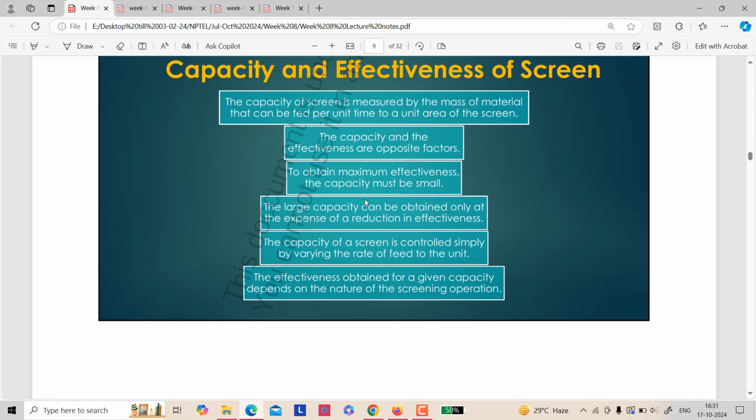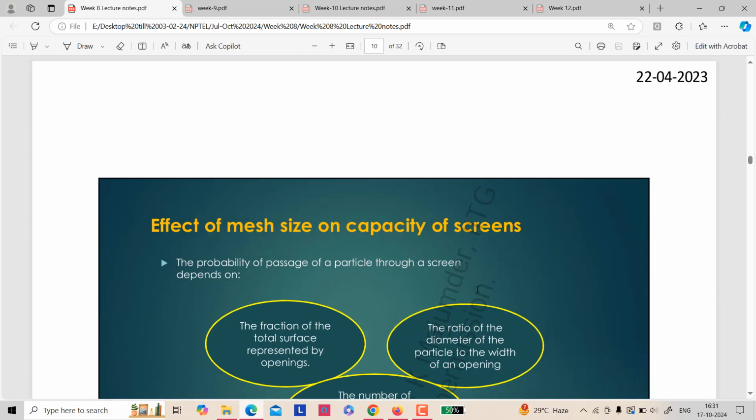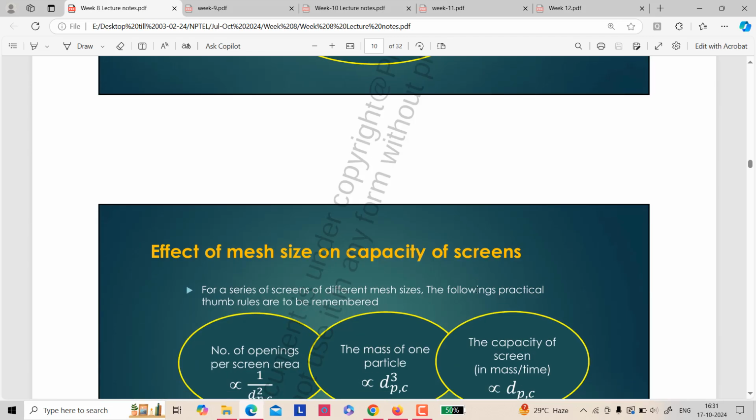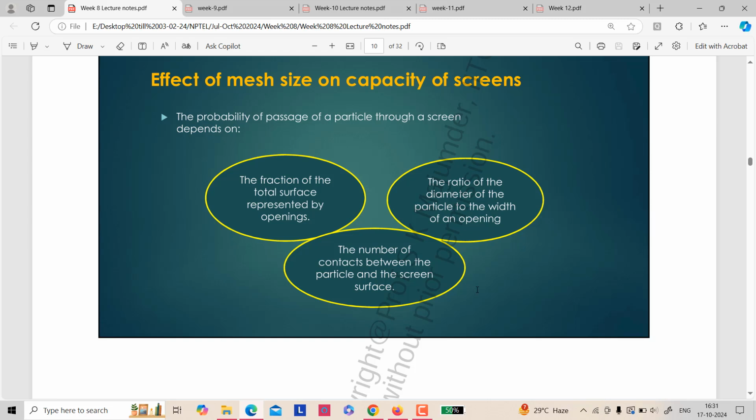The effectiveness obtained for a given capacity depends on the nature of the screening operation. So now the mesh sizes are important in a screen, right? The fraction of the total surface represented by the openings, the ratio of the diameter of the particle to the width of an opening, the number of contacts between the particle and the screen surface.